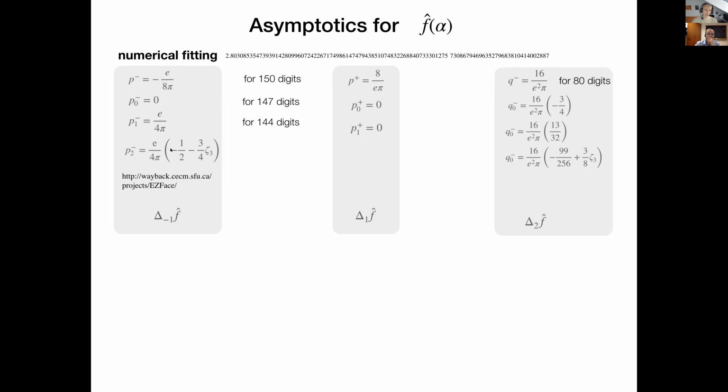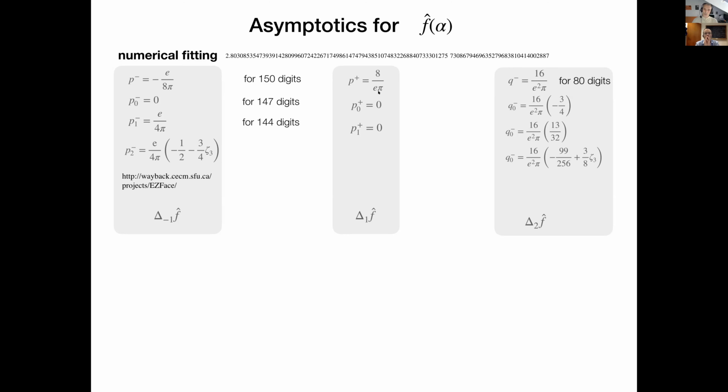And we could get the first 9 coefficients in terms of zeta functions exactly, although observing at very high precision. But we also could calculate another 40, 50 coefficients numerically. So this is how we calculated from the asymptotics.